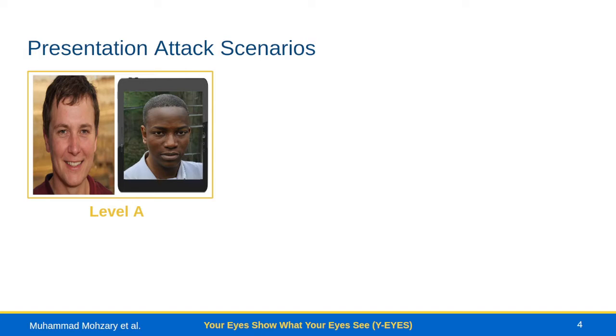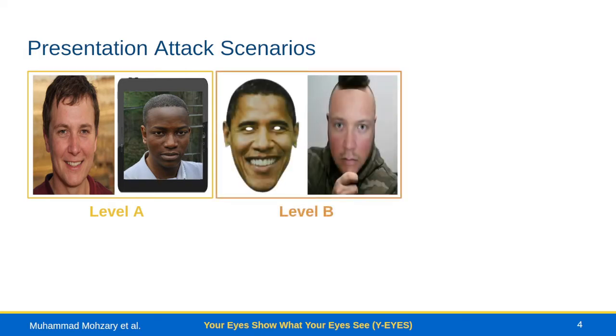Level B attacks require more time, expertise, and equipment, and the difficulty to acquire the biometric features is higher, like creating a 2D paper mask and a video display of a face with movement and blinking.